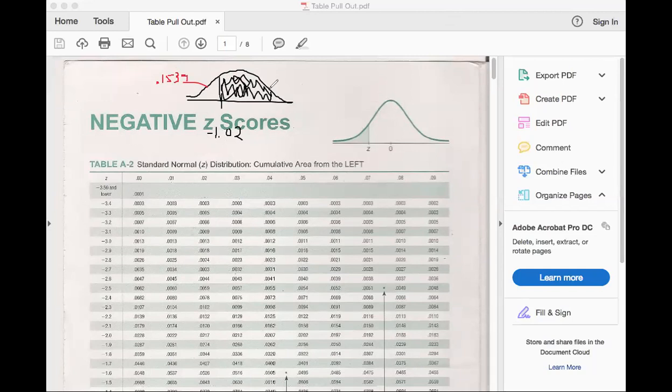So to do the opposite means I do what? 1 minus 0.1539. And my answer is? Yeah, we're going to calculator. 0.8461.